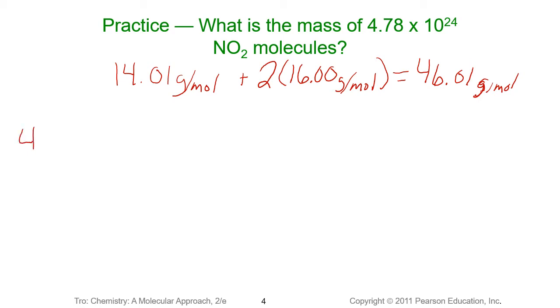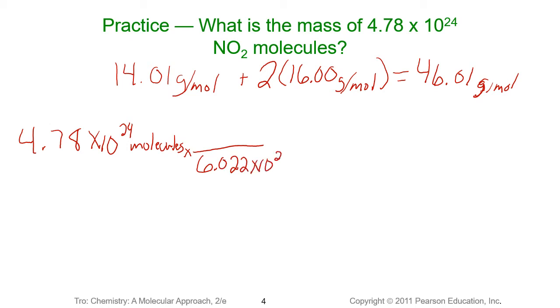I'm going to start with the number of molecules. We want to get to the mass. So from molecules, we're going to have to go to moles. We're going to use Avogadro's number. Remember, if you're using a calculator, you may need to put that in parentheses so you get the correct answer.